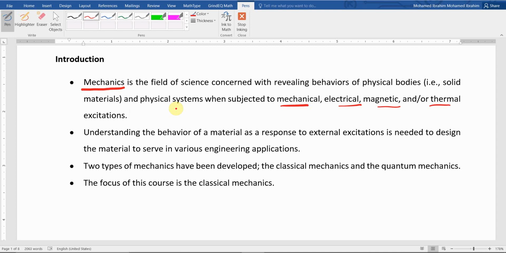Solid mechanics, if you remember some of the undergraduate courses that you studied, is related to courses like design of machine elements, mechanics of materials, material science, where we were dealing with solid materials such as metals, ceramics, and polymers. But you also had some courses related to fluid mechanics. It means that we are interested in studying the behavior of fluids when they are working in different engineering systems. So this is the meaning of mechanics in general.